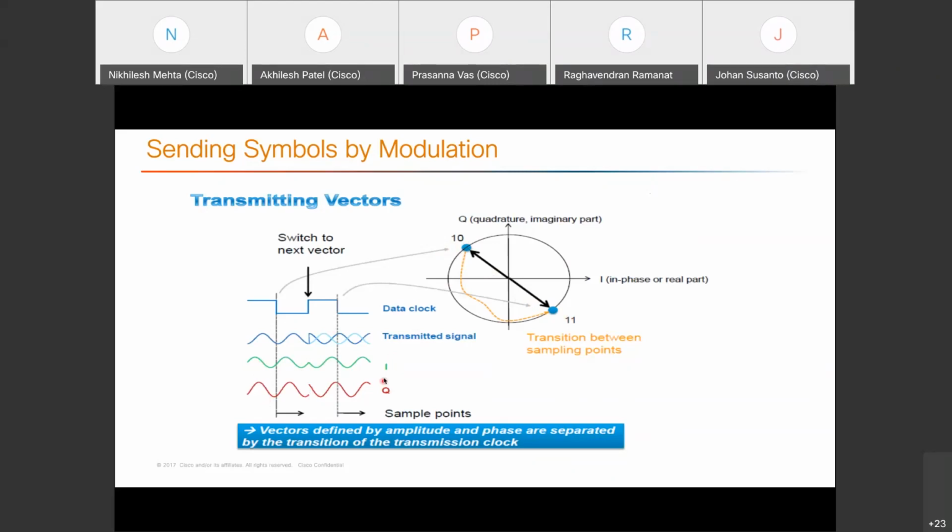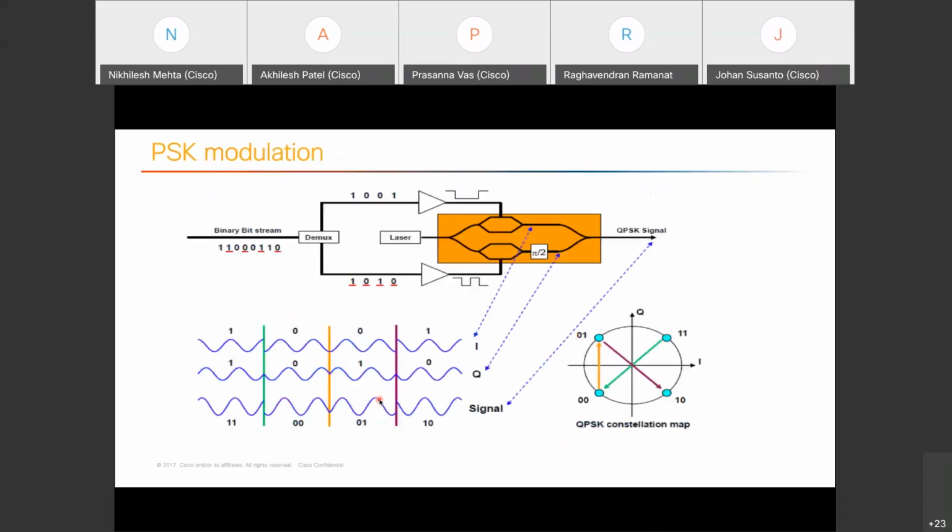When I combine the I and Q, this is the transmitted signal you get, and you transmit this signal instead of sending them individually. At the receiver, using the DSP, you can see what the I component and Q component are, and then you can demodulate your signal. This is the example for your PSK modulation.